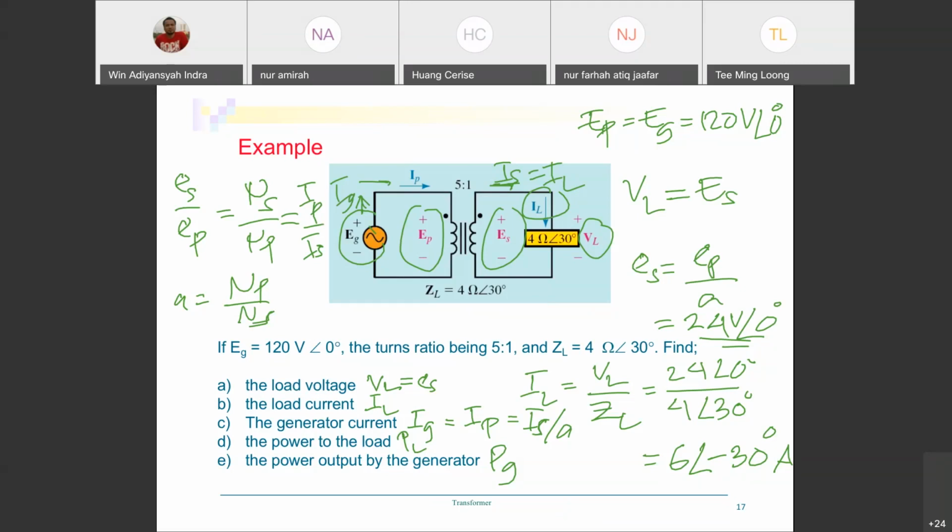So IP equal to IL over A. That means this one divided by 5. 6 divided by 5, 1.2 ampere. The degree is equal, right?